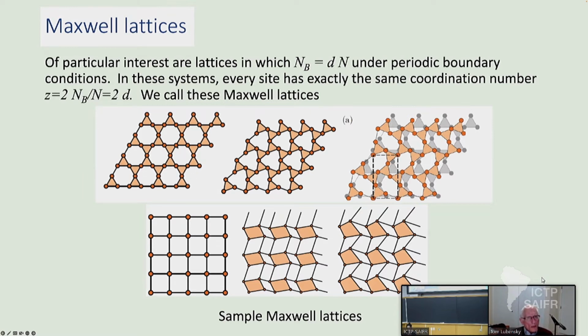Here's the standard Kagome lattice. Notice that it has straight lines of bonds that traverse the whole sample in 3 directions. But there is an elastic instability, which we'll discuss in a moment, which allows you to take this lattice, rotate it and distort it in various ways so that you preserve the Maxwell relation of N_B equals dN, but you have a different structure altogether.